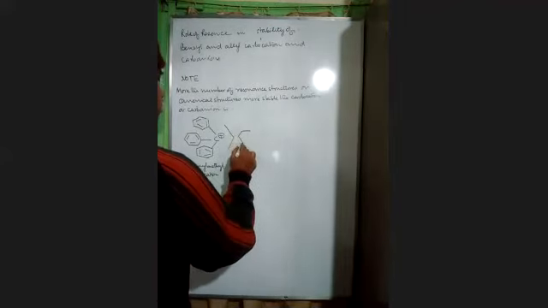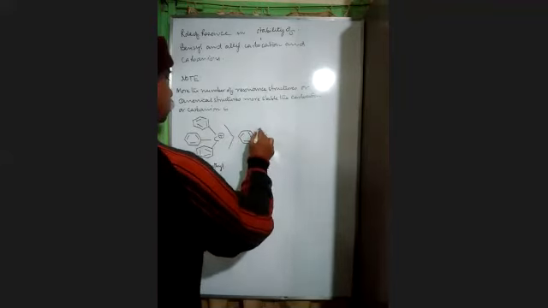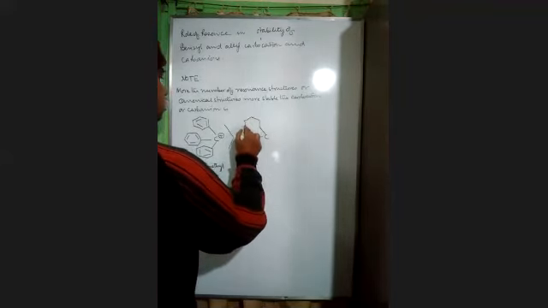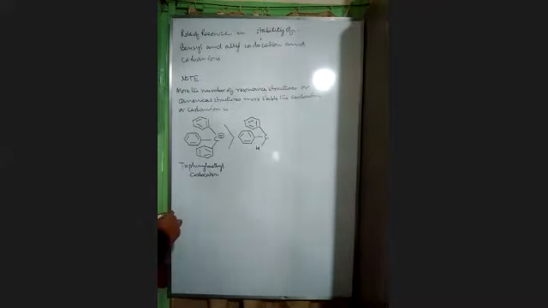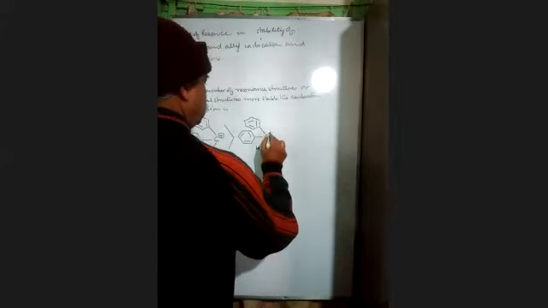See, if this one carbon is methyl, triphenyl, methyl, carbocation is more stable than this.